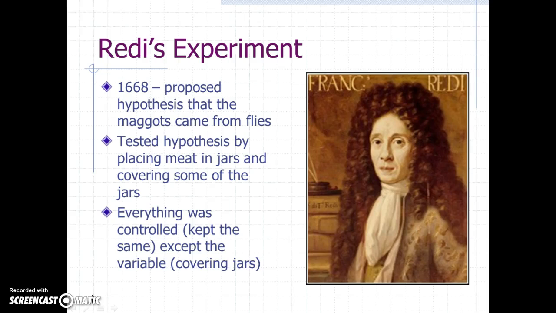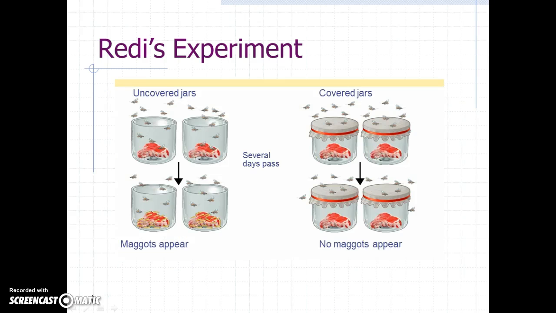And in this experiment, everything was controlled, which means kept the same, except for a single variable that he was testing, and that was the covering on top of the jars. It's really important when you design your own experiment that you keep everything the same, except for the single thing that you are testing. This means that your results can be attributed usually to that single thing that you changed.